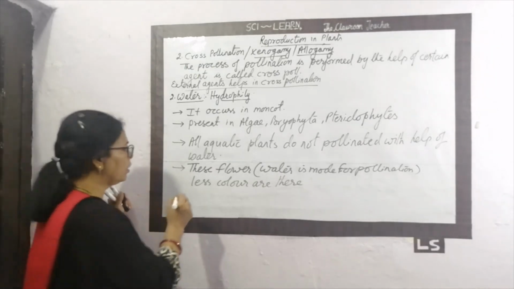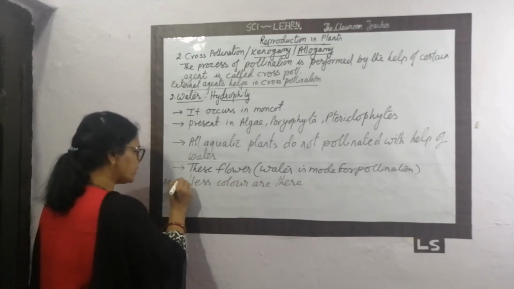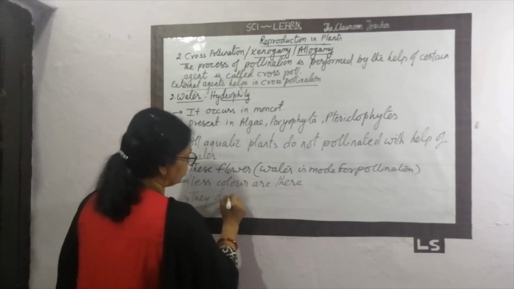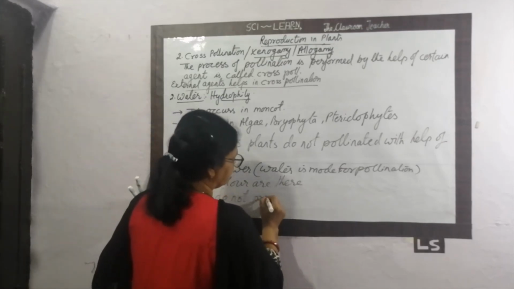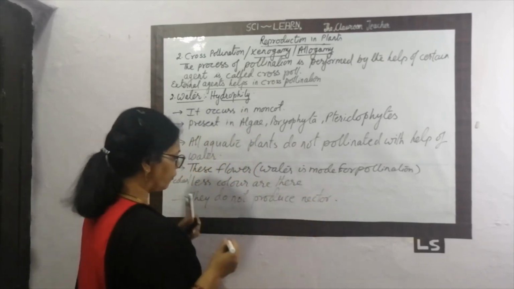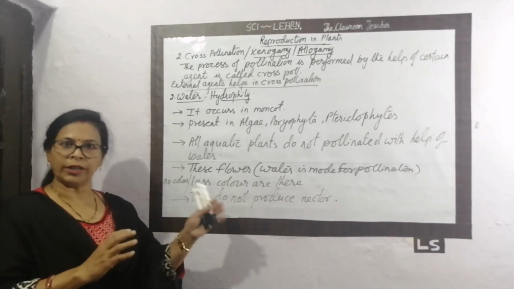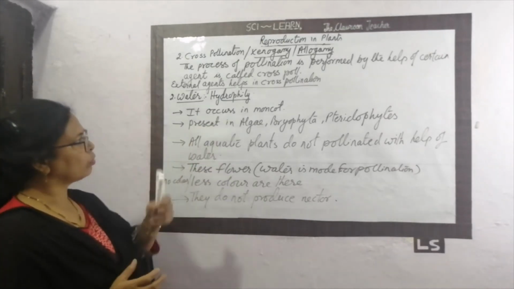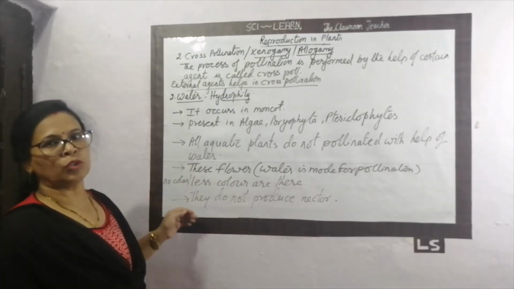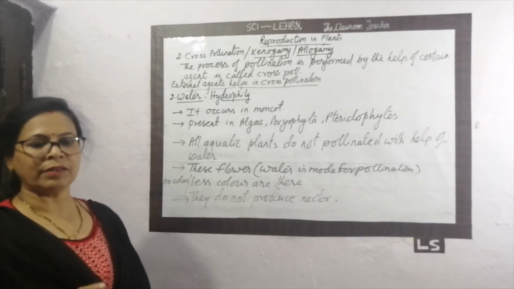Also, they do not produce nectar. This is the particularity of the flower in which water is used as the pollinating agent. This is especially in monocotyledons. They are less colored or colorless flowers, and they also do not produce nectar. But all the aquatic plants do not use water only as the pollinating agent.